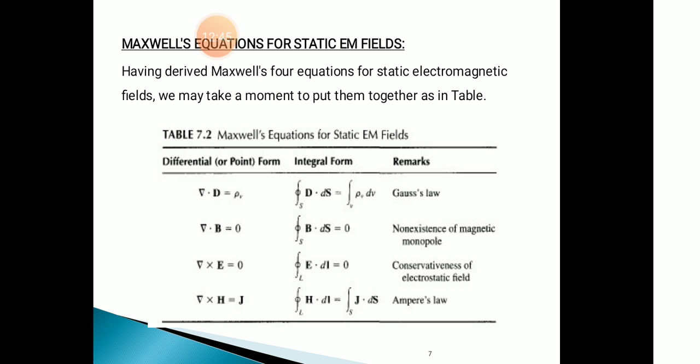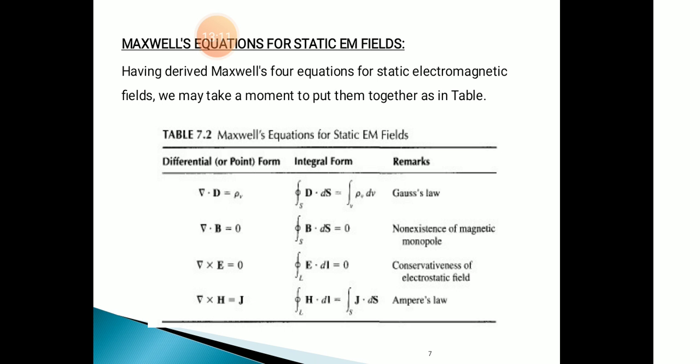Coming to the second one, del dot B is equal to 0. This is the differential or point form of the second Maxwell's equation. This shows the non-existence of a magnetic monopole, so the existence of a single pole is not possible.